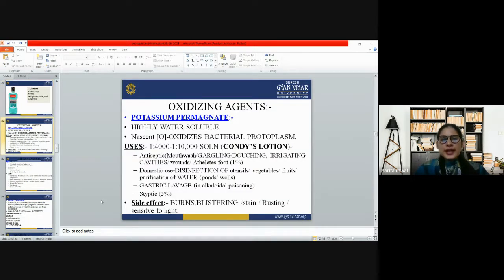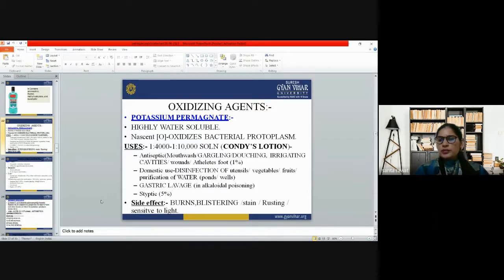Now, oxidizing agents. Oxidizing agents include potassium permanganate. Potassium permanganate is highly water soluble and is used in a 1 in 4,000 to 1 in 10,000 solution as Condy's lotion, and it has an antiseptic action also.